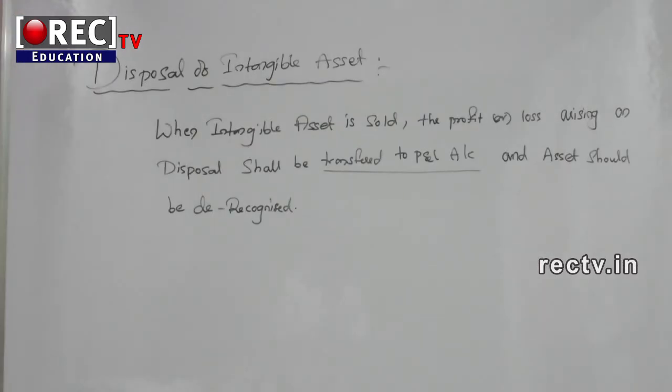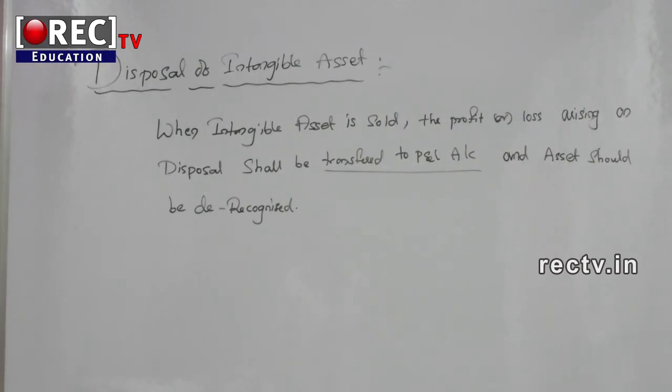Next we are going through disposal of intangible assets. Now, you are in the situation that your intangible asset should be disposed. So, when an intangible asset is sold, then the profit or loss arising on disposal shall be transferred to P&L account and the asset should be de-recognized.